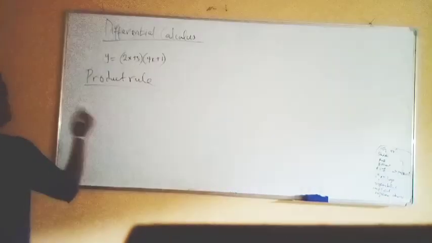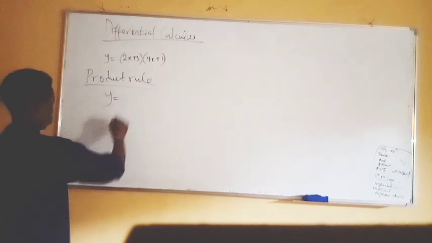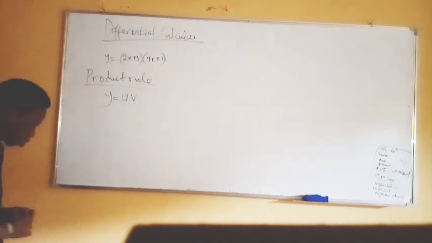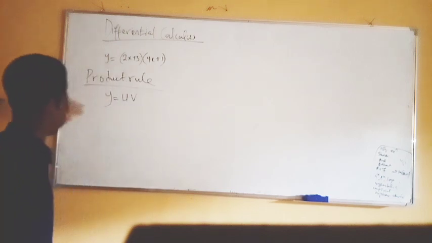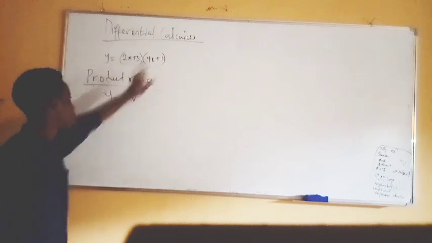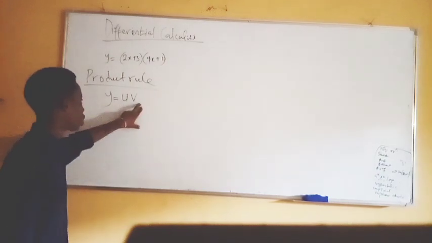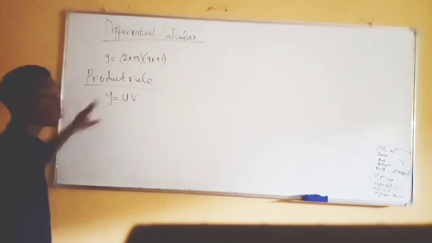Take for instance, y is equal to u multiplied by v, where u is the first binomial expression, and v is the second binomial expression. U and v are functions of x. Y is also a function of x.